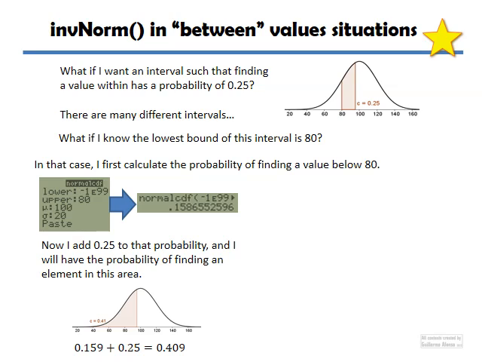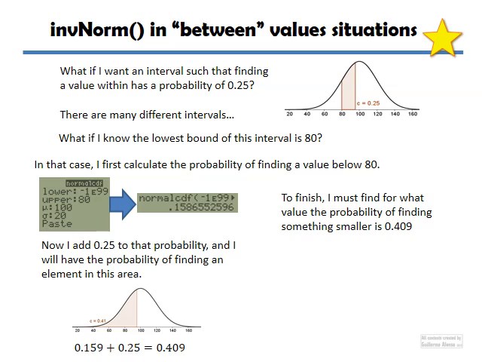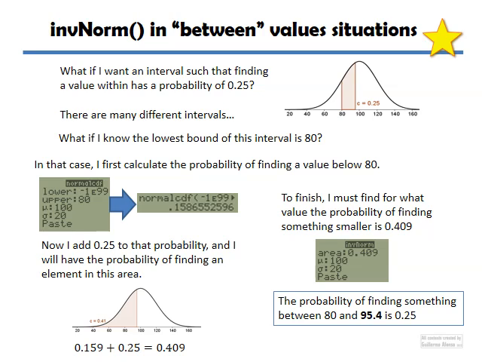So 0.409, all I have to do is go to my invNorm again and use 0.409. I calculate that, and I'm going to get 95.4. So the probability of finding something between 80 and 95.4 is 0.25. And that's how we use the invNorm in different situations.